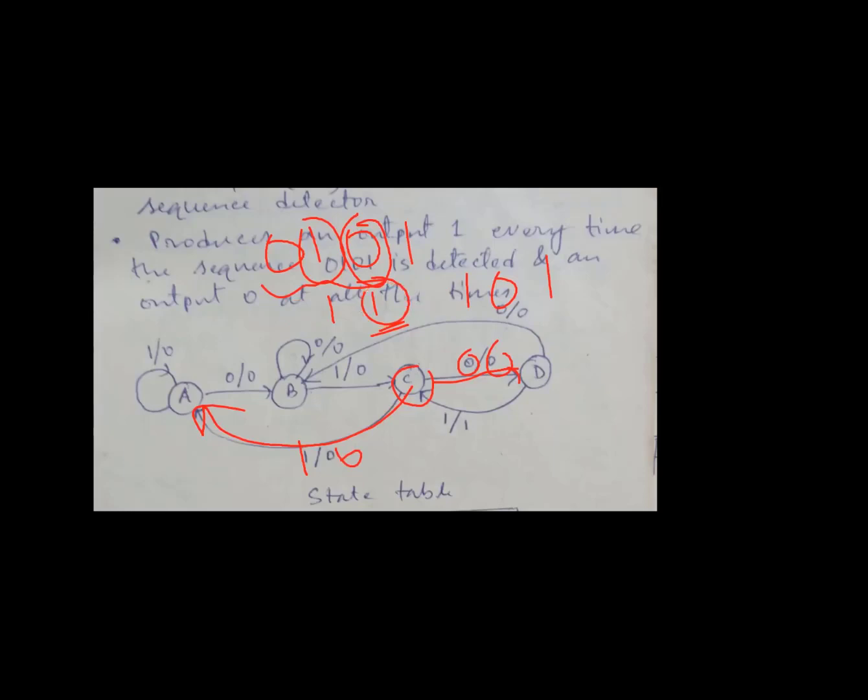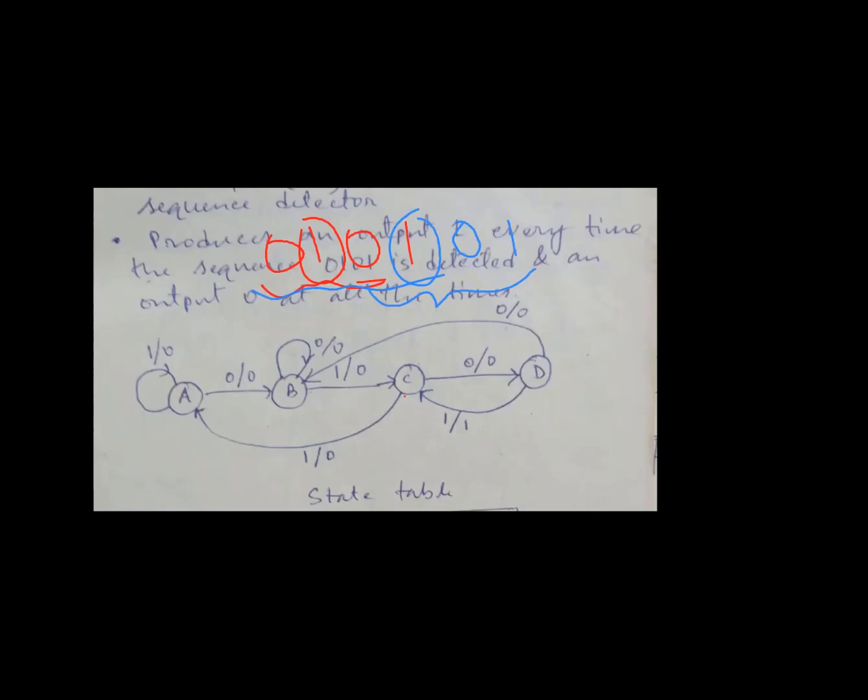Now last one, say our last input is 1. That means yes, the 0, 1, 0, 1 sequence is completed. When you are scanning the last input, you just look ahead. After that, if you get a 0 and 1, then our sequence will repeat.